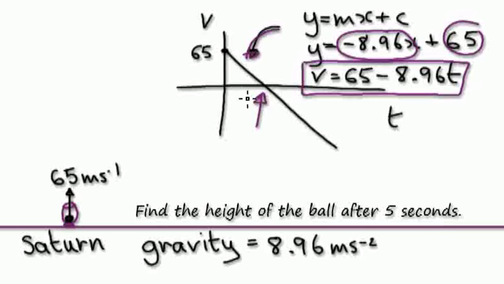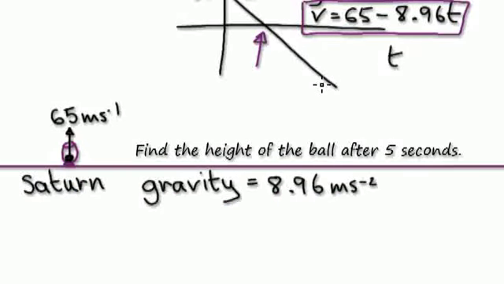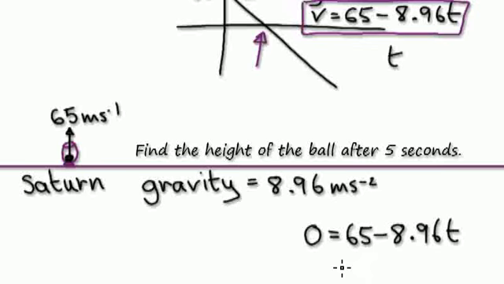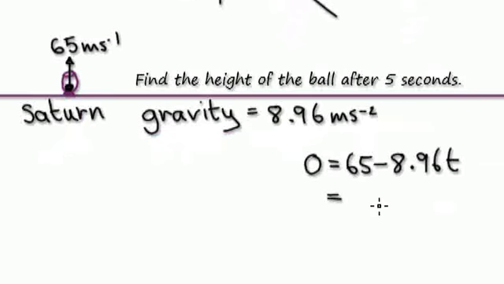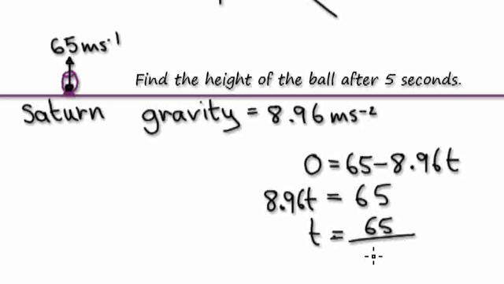So let's work out the time it takes to get to maximum height. Put 0 into the v, so 0 equals 65 minus 8.96t. Add both sides, so 8.96t equals 65, so t equals 65 over 8.96.